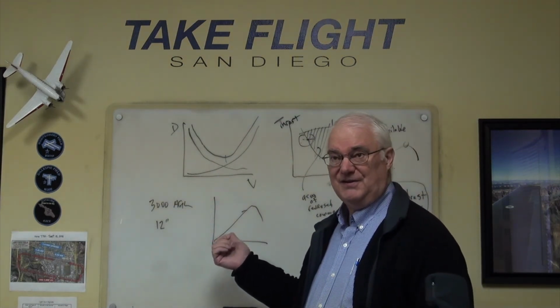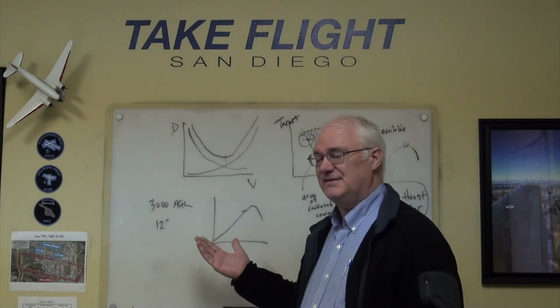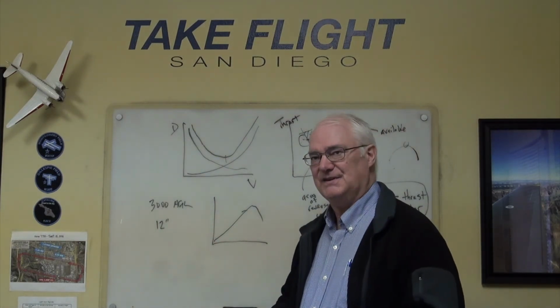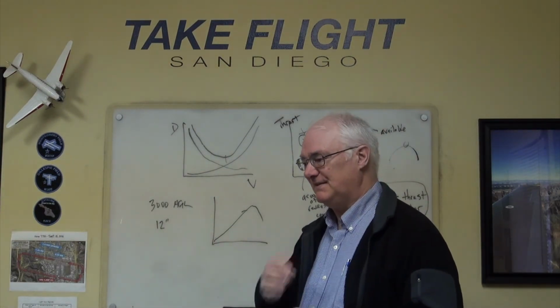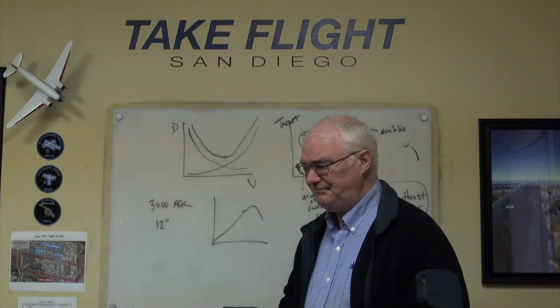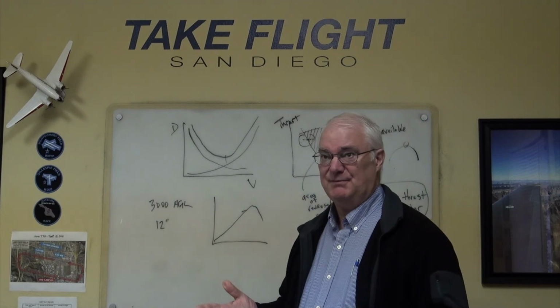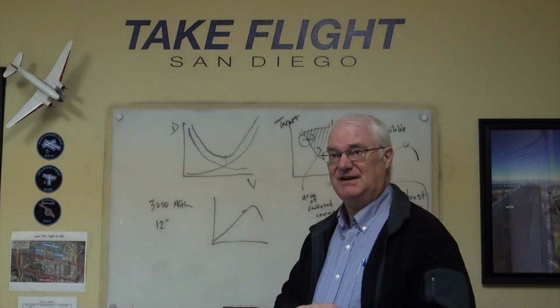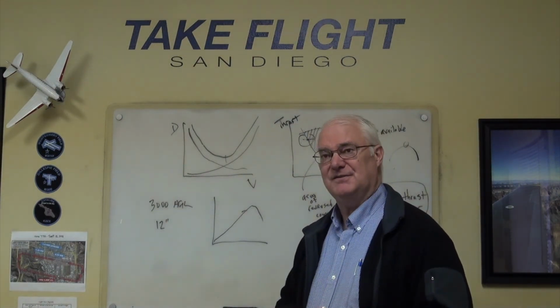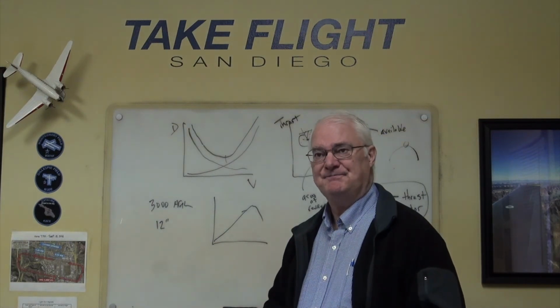Allowing us to stall, getting so slow that we actually stall, is certainly a mistake that can be made. And staying coordinated. Remember, with all this power, we're going to have a lot of left turning tendencies, so stay coordinated.